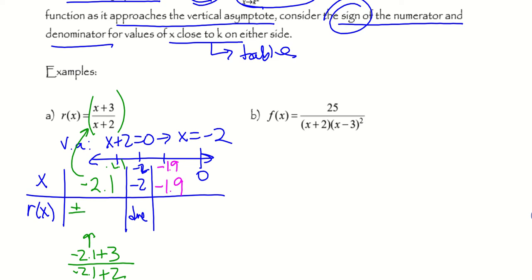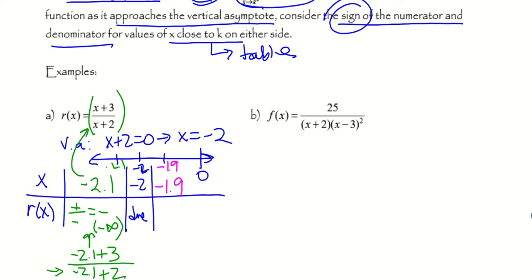On the bottom, I have negative 2.1 plus 2, and since 2.1 is bigger than 2, right, and it's negative, that would give me a negative. If I divide a positive by a negative, then I get a negative value. Right? And what that tells me is that to the left of negative 2, my function is going to approach negative infinity. It's going to go down.